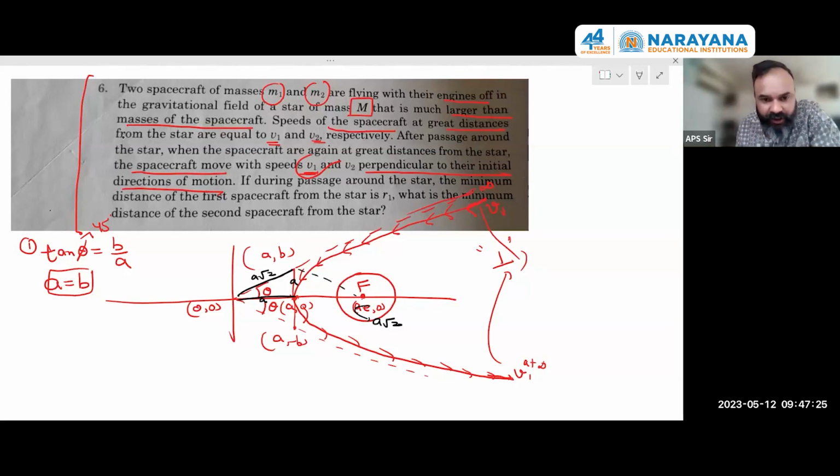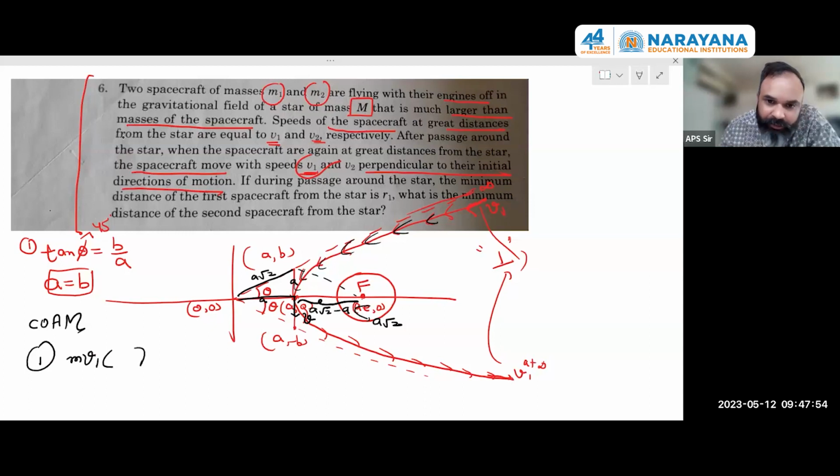You can form a circle with center here. That is A root 2 comma 0. And if this is A root 2, then this distance is known to me. This is A root 2 minus A. So if I start with V1 and I reach this point of minimum distance with some velocity, let me call that velocity V, then by conservation of angular momentum, I could have directly said that my initial mv1 into lever arm, like I will drop a perpendicular on this line.